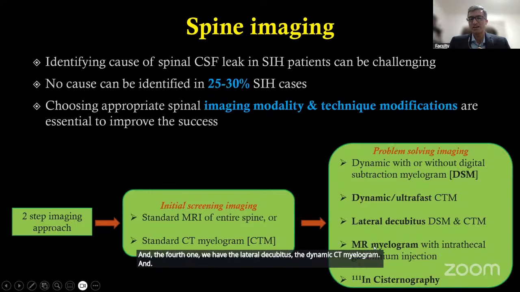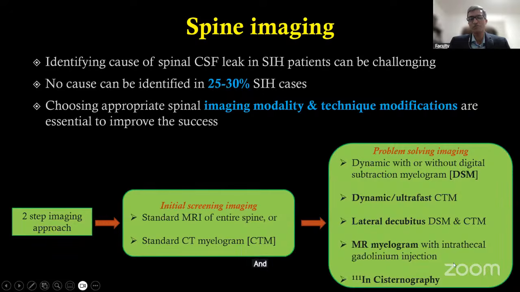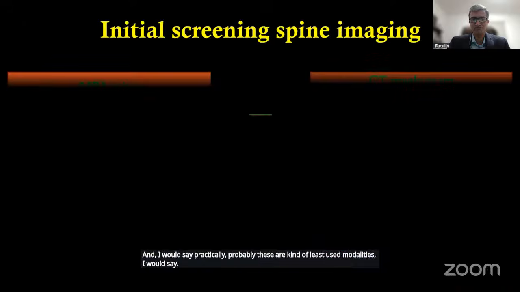And as I said, MR myelogram with intrathecal gadolinium injection and indium-111 cisternography. These are not so commonly used. Practically, I would say these are the least used modalities for this particular condition.